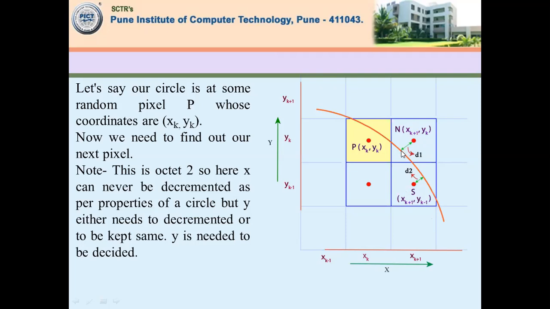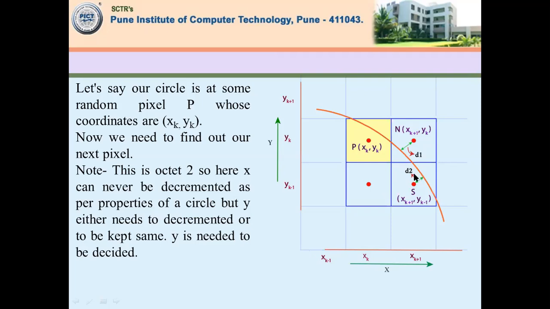If you observe, this is the distance from the north pixel to the actual expected true line. This is the d1 length, which is actually greater than the radius value. What about this south pixel, which is less than the radius, if you observe from the origin, right?